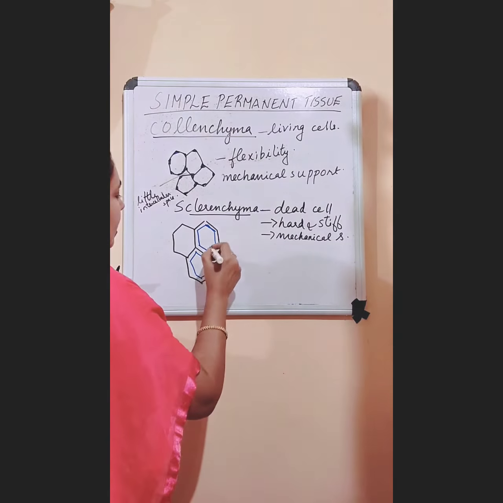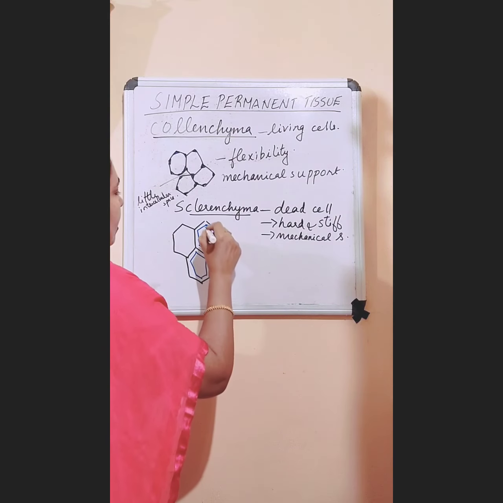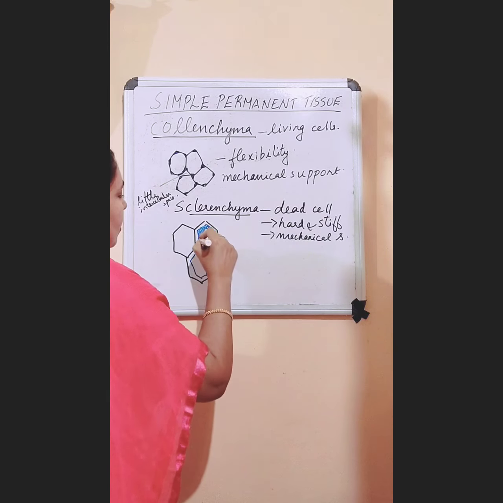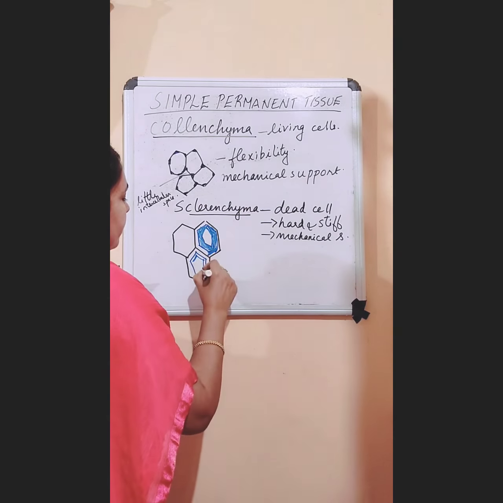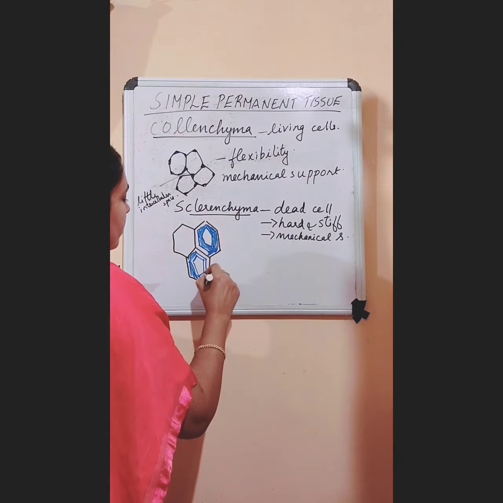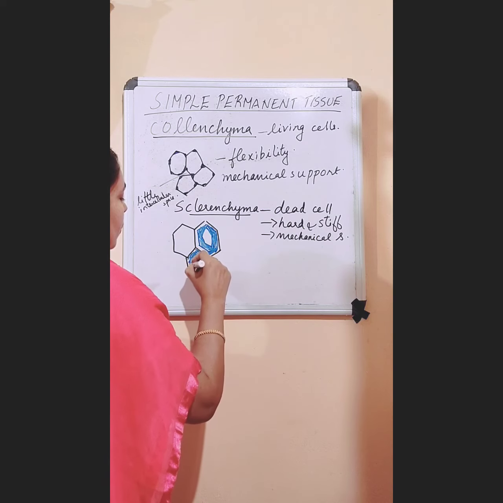Since it is thickened uniformly, what about the cavity inside the cell? The cavity is absent or very little inside the cell because it is thickened uniformly.